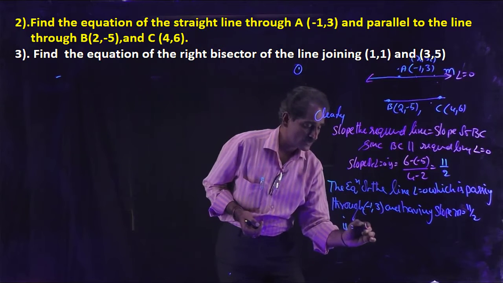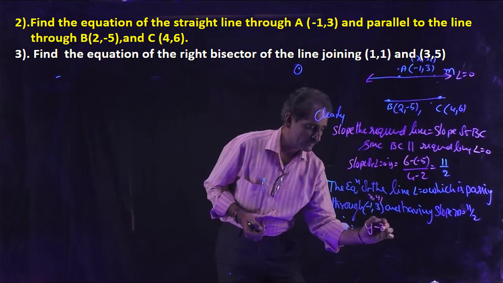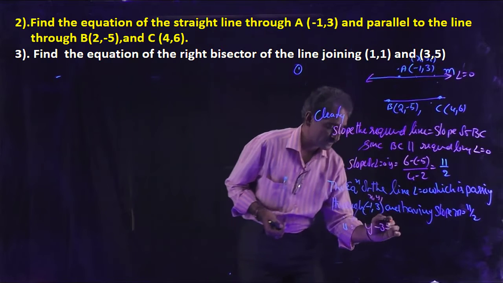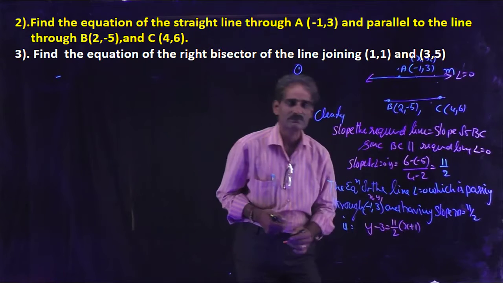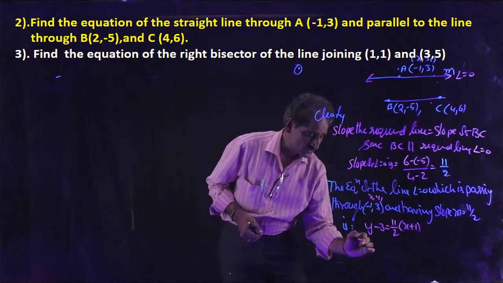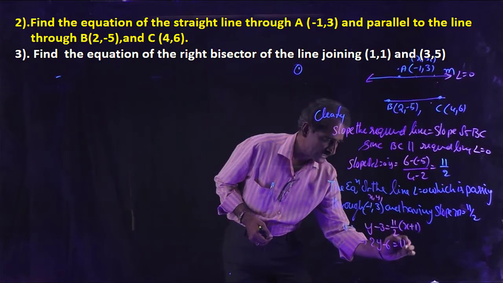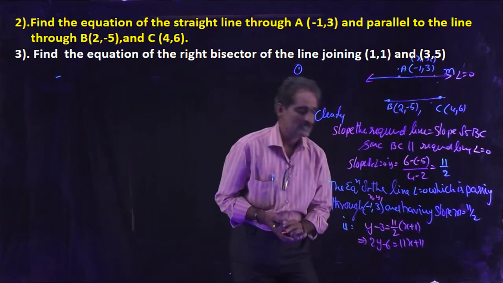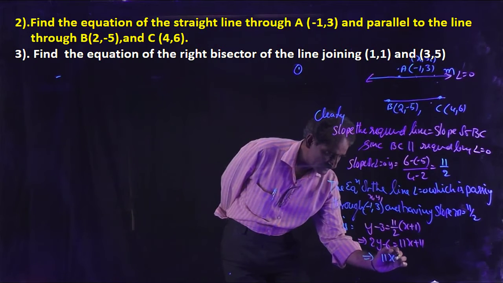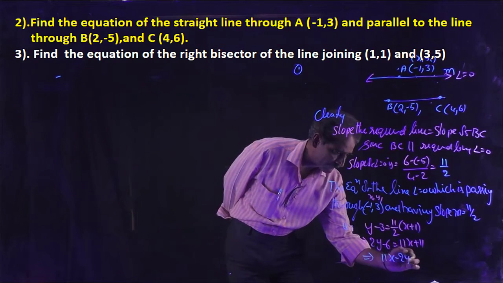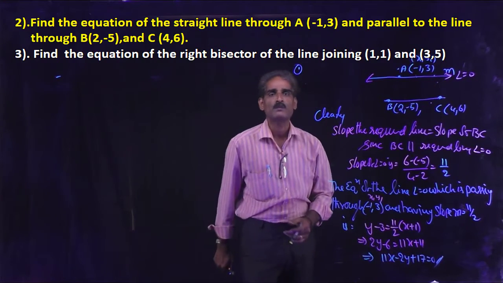That means y minus 3 is equal to 11 by 2 into x minus of minus 1. So now from this we can write 2y minus 6 equal to 11x plus 11. This implies we can write 11x minus 2y plus 17 is equal to 0.